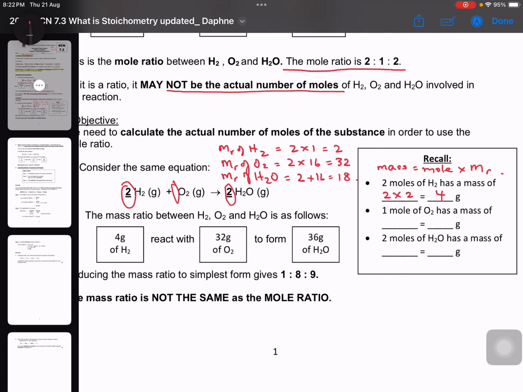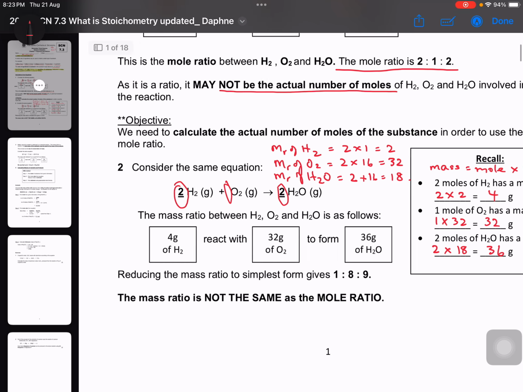If we want the mass of oxygen, then it will be 1 times 32, which is 32 also. And if we want 2 moles of water, then it will be the mole, 2, times the Mr, in this case 18. So that'll be 36.